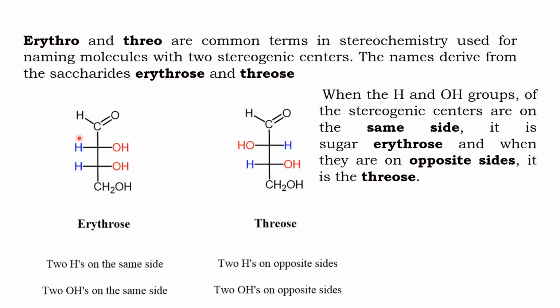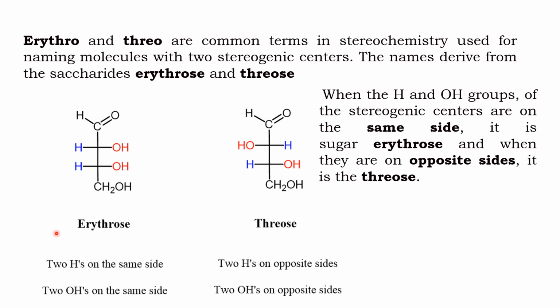See here, in this particular compound, for these two asymmetric carbon atoms, the atoms or groups of atoms attached are almost the same. We have an H, we have an OH. Here also we have an H, we have an OH. The second carbon atom is an asymmetric carbon atom. The third carbon atom is an asymmetric carbon atom. Here the OH groups are on the same side, while here the OH groups are on the opposite side.